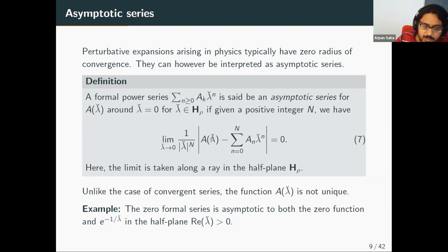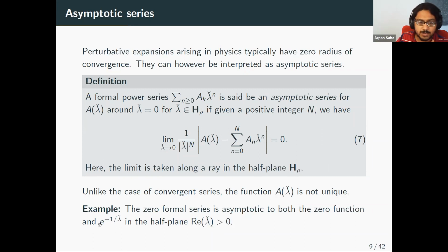If this is 0 and this is 0, then this equation obviously holds as you take the limit lambda goes to 0, because this is identically 0. But if you take e to the power minus 1 by lambda here and 0 here, and you fix a ray in the half plane centered on the positive real axis, so the real part of lambda is greater than 0, and you take the limit along that ray, then this limit will still go to 0.